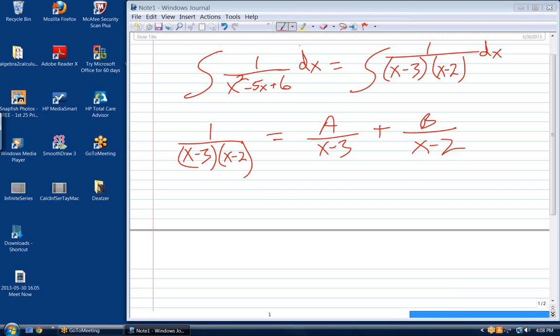Okay, so how do we solve for A and B? Well, we know that if we started with this and we were trying to combine it into one, in other words, going the other direction from what we usually do, then I can say that A times x minus 2 plus B times x minus 3 would have to equal 1, because I have this 1 up here.